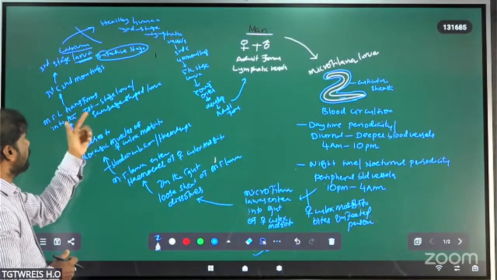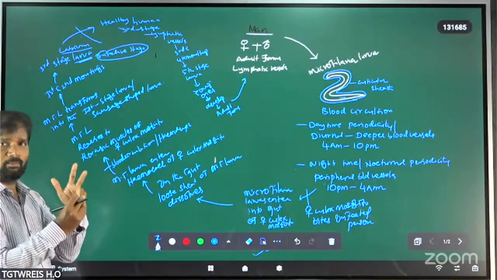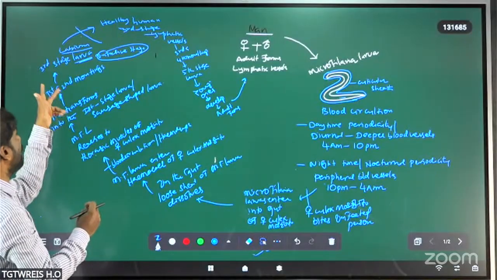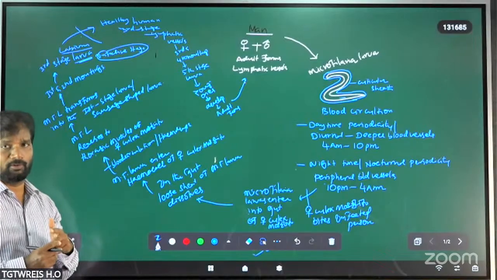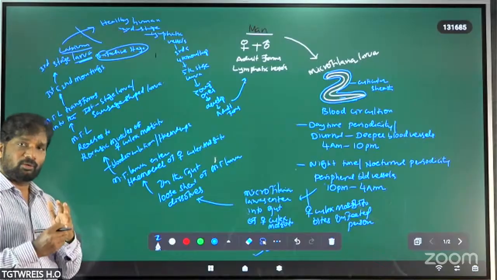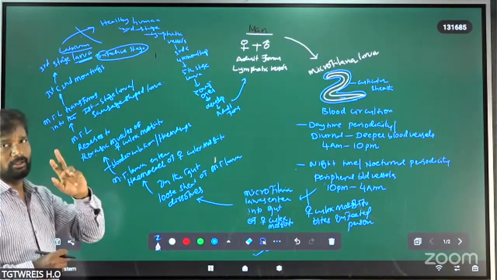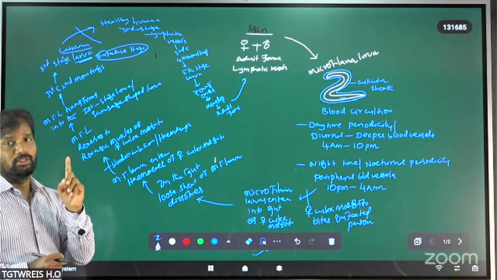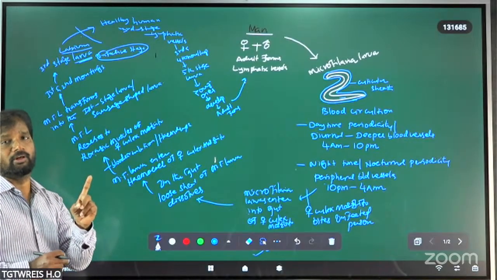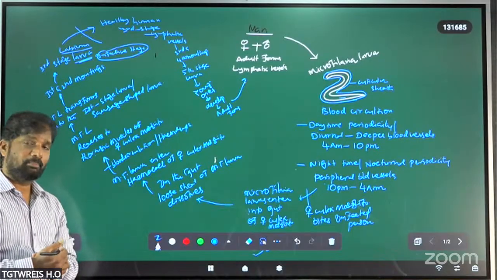This first stage larva undergoes the first molting and second molting and leads to the formation of the third stage larva. This third stage larva is nothing but the infective stage to another healthy person.